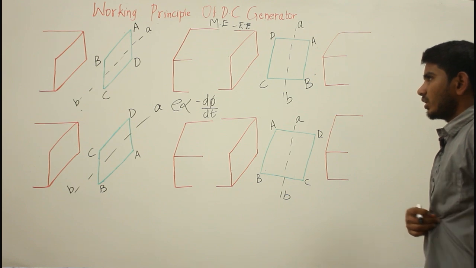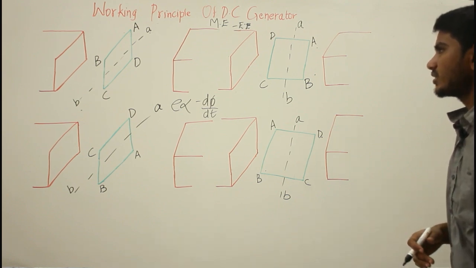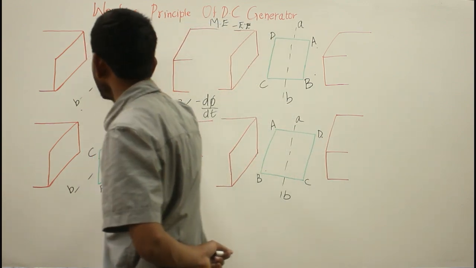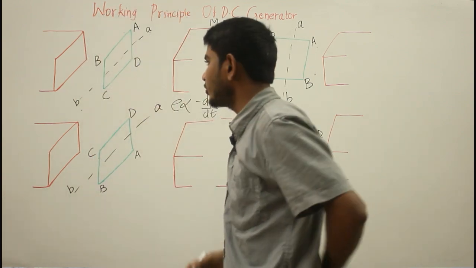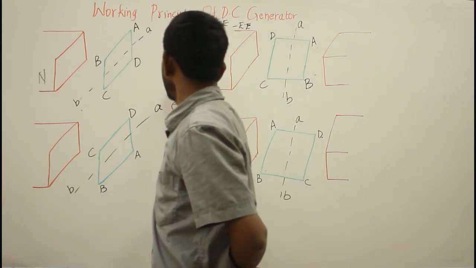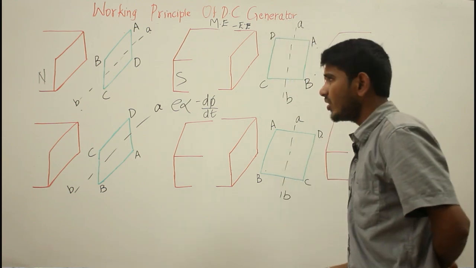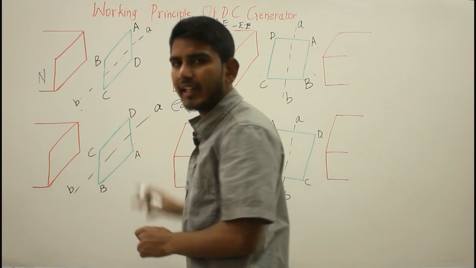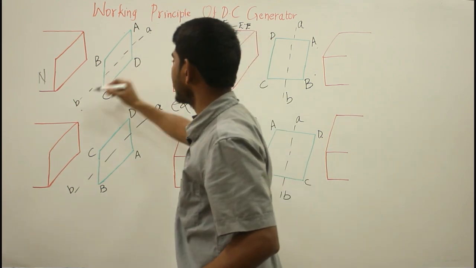Now, let us understand the working principle of the DC generator by taking a single-turn rectangular loop ABCD placed between two opposite magnetic poles. Let us say this is my north pole and this is my south pole. Now let us rotate this rectangular loop about the axis AB.